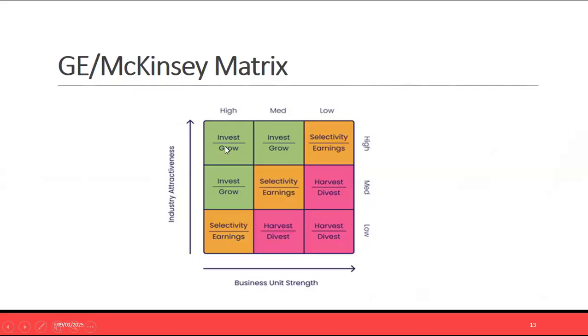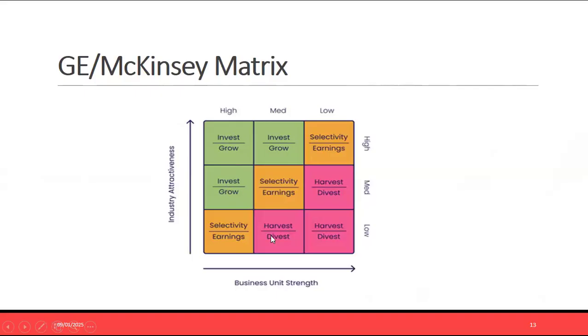So if the product falls in any of these quadrants, you invest and grow. You notice that for the greens, the decision is clear. You know exactly what to do: you invest and then you grow.